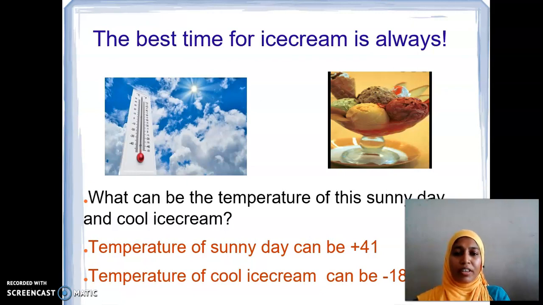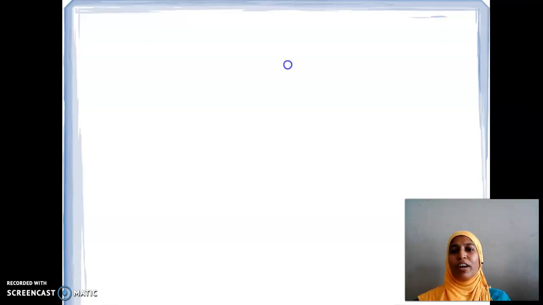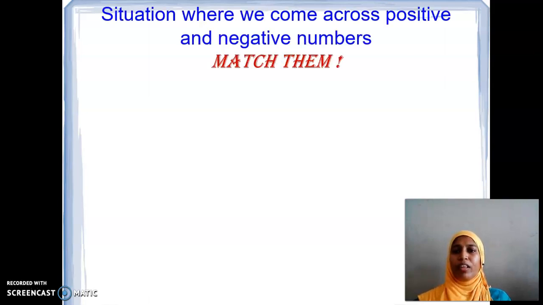So, now we are introduced to two types of numbers: positive numbers as well as negative numbers. Let us have a recap of all the number systems that we have learned so far. Before that, let us see the situations where we come across positive and negative numbers.